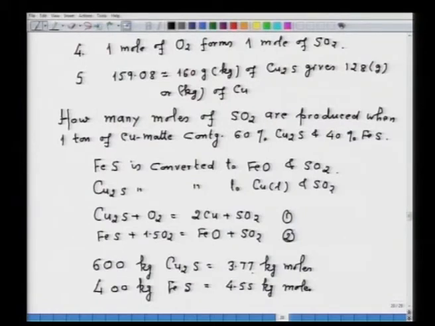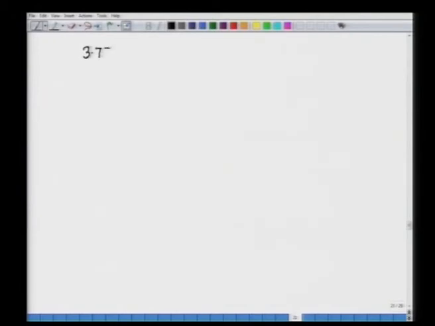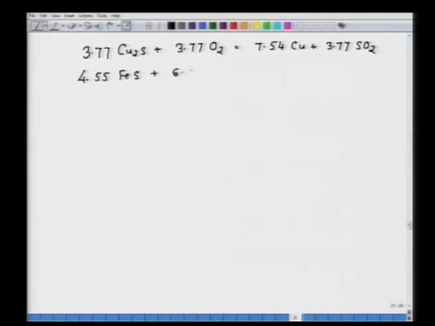If I do that, I will get 3.77 Cu2S plus 3.77 O2 equal to 7.54 copper plus 3.77 SO2, and 4.55 FeS plus 6.8175 O2 equal to 4.55 FeO plus 4.55 SO2.